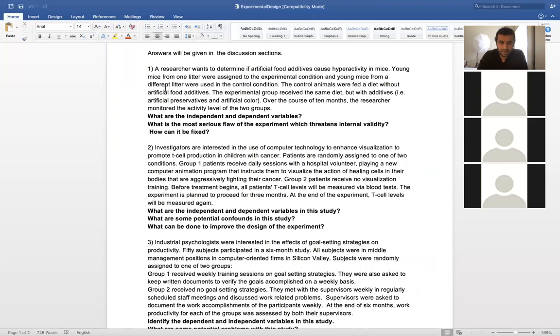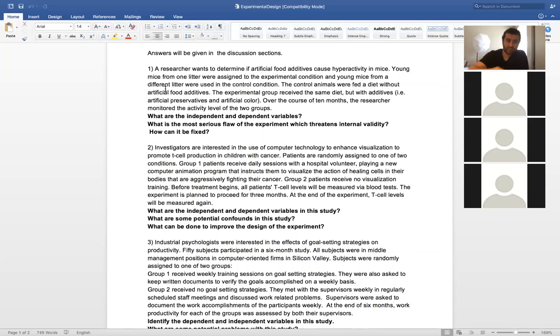Young mice from 1 litter were assigned to the experimental condition, and young mice from a different litter were used in the control condition. The control animals were fed a diet without artificial food additives. The experimental group received the same diet but with additives. And over the course of 10 months, the researcher measured the activity level of the 2 groups.